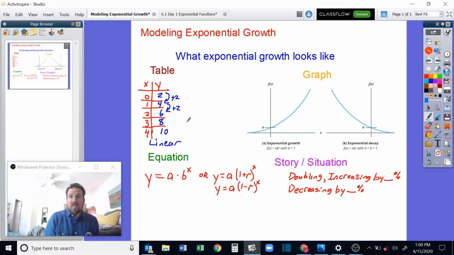To contrast that, again, we're talking about a situation that has a predictable pattern. And so I could create one, let's see here, 1, 2, 3, 4. And let's say we start this pattern again with 2. But this time what we're going to be thinking about is how much we multiply by.